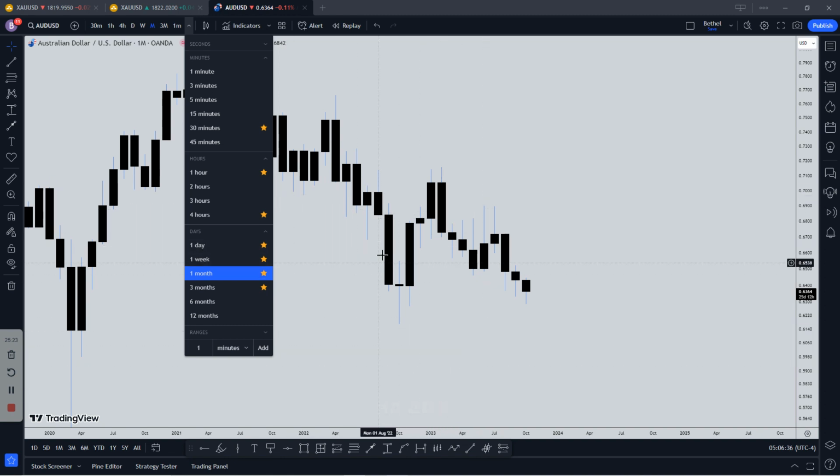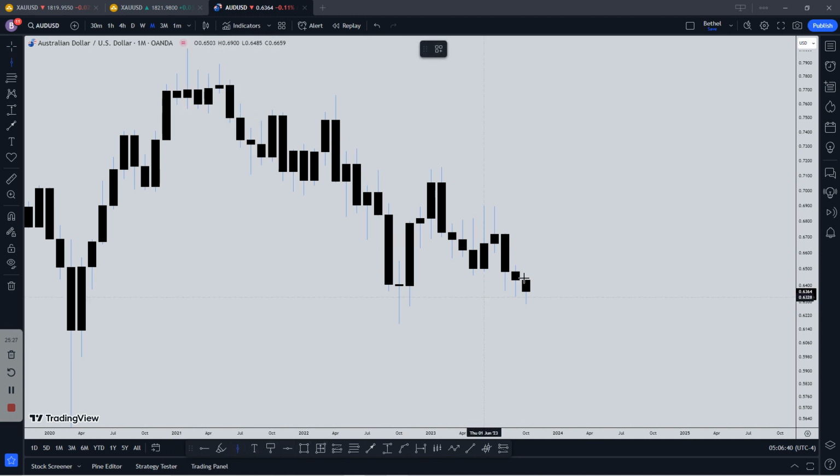Now let's use this line and mark this one and also this one. Remember what I said: this October 3rd is when this one closed and this one opened. And this September 1st is when this one closed.